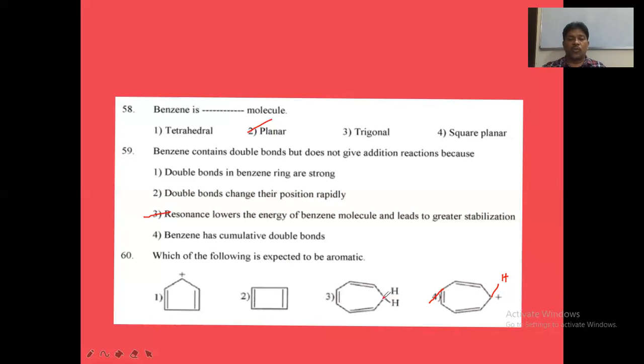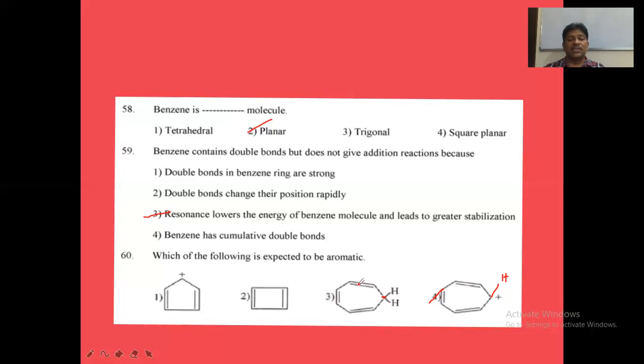Now, why is this compound not taken? Check it here. If you take this carbon atom, how many single bonds are around it? 1, 2, 3, 4 single bonds. So it is tetrahedral geometry, meaning it is an sp3 carbon. An sp3 carbon is not planar. Tetrahedral geometry is not planar geometry, so this molecule is not planar.